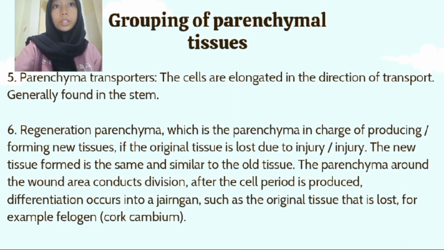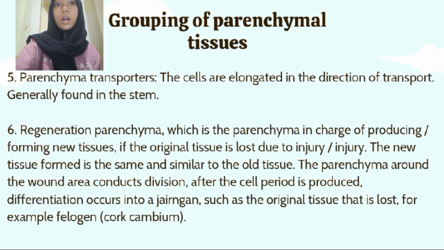Fifth, transport parenchyma. The cells are elongated in the direction of transport, generally found in the stem. Sixth, regeneration parenchyma, which is the parenchyma in charge of producing or forming tissue. If the original tissue is lost due to injury, the new tissue formed is the same as and similar to the older tissue.